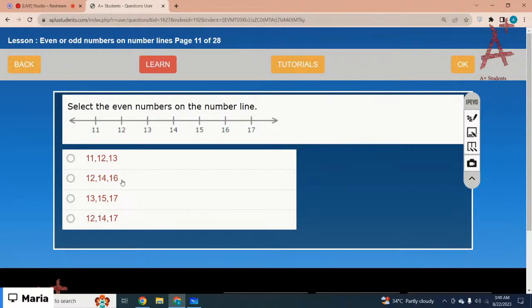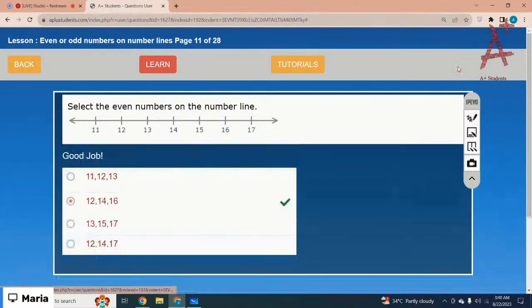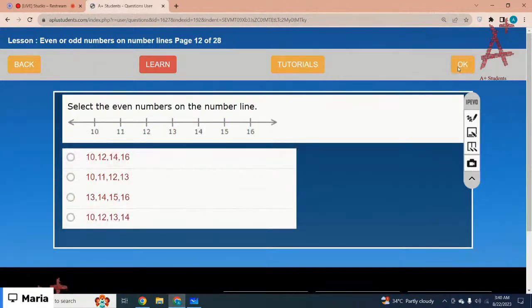Even numbers are 12, 14, and 16. Select the even numbers on the number line, which is the correct option.